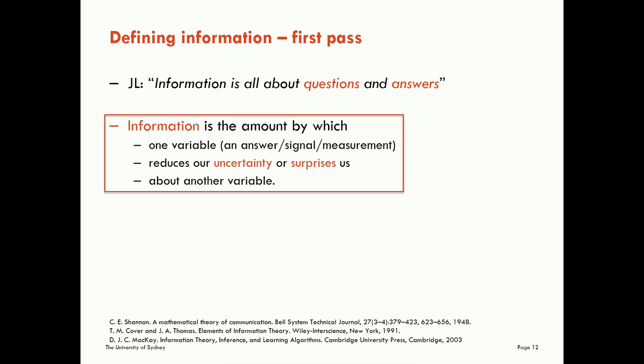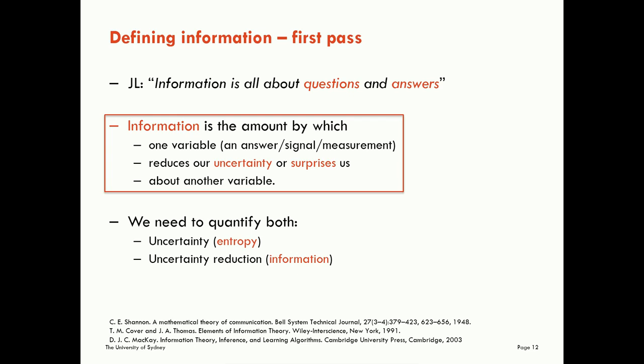We've got the key words uncertainty and surprise, and we've got information. And for information, we talked about a reduction in uncertainty or surprise. So we're going to drill into those key terms more very soon. You'll see here that we need to quantify both uncertainty as well as uncertainty reduction.